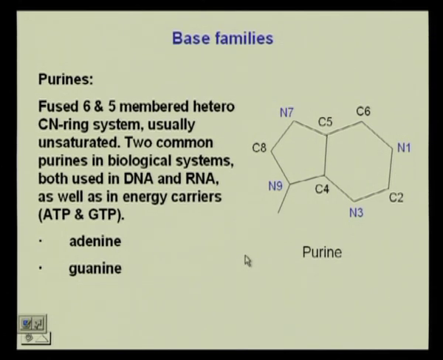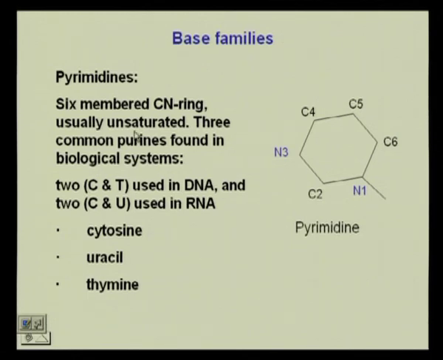These are the purines. The pyrimidines are 6 membered carbon nitrogen rings that are usually unsaturated, and there are 3 common pyrimidines that are found in biological systems. C and T are used in DNA, that is cytosine and thymine. Cytosine and uracil are used in RNA.